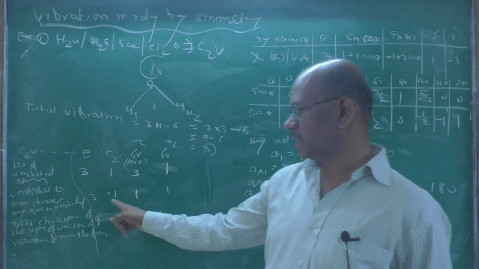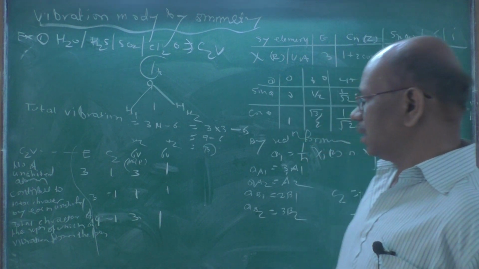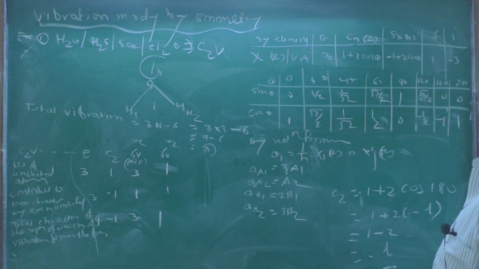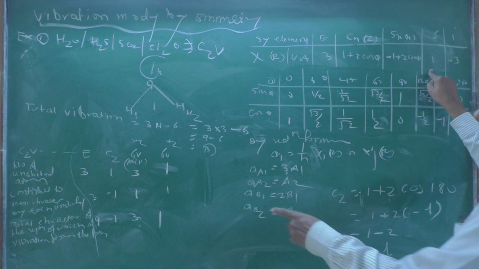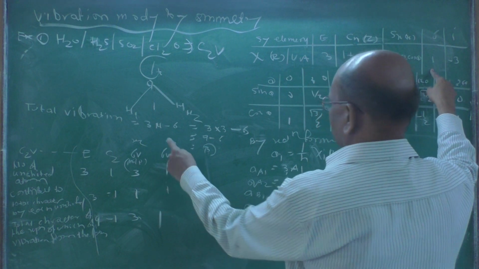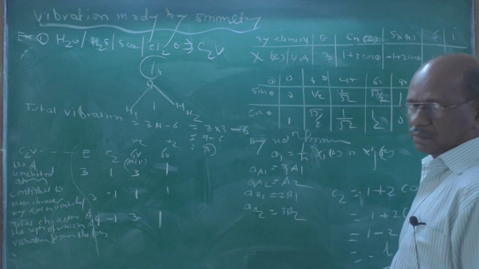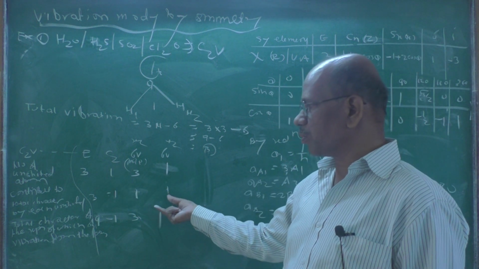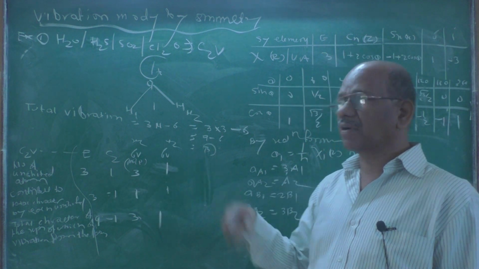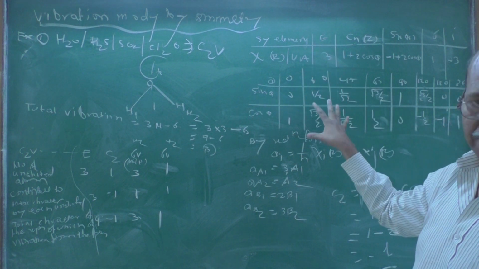Now for sigma V, the straightforward value is 1, and for the other sigma V, it is also 1. These are the contributions of the unshifted atoms calculated by using these two tables.